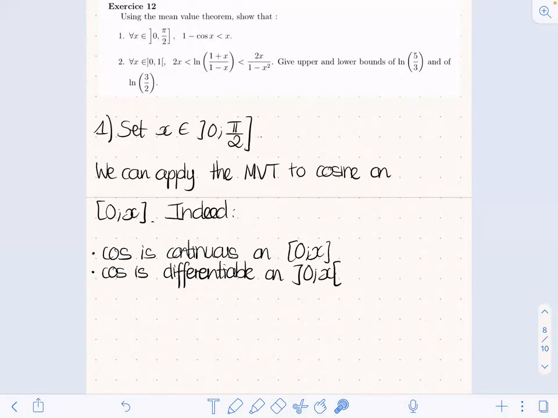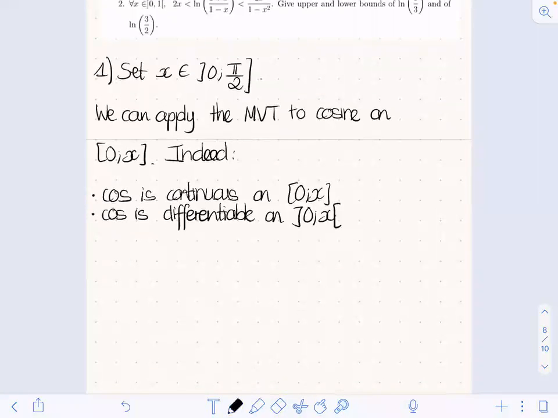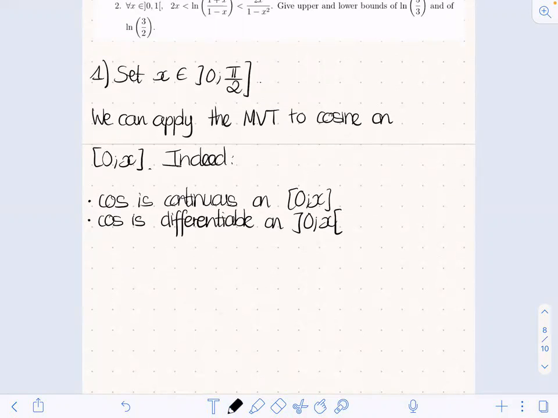What does the mean value theorem tell us then? That f of x minus f of 0 is equal to f prime of c times x minus 0. Absolutely. So what we have is cosine of x minus cosine of 0 equal to cosine prime of some c times x minus 0.